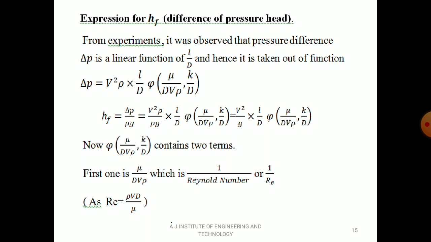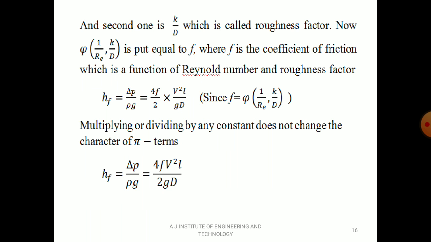And the second term is K by D, which is called the roughness factor, because K is related to roughness. Now the function of 1 divided by Re comma K by D is put equal to F, where F is called the coefficient of friction.